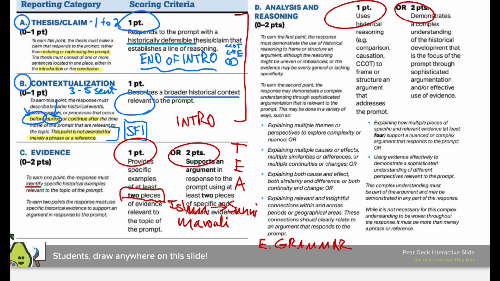So, do you use historical reasoning skills, comparison, causation, or continuity and change, to frame or structure your essay? Well, my topic sentence helps with that because I've already covered how I'm comparing and contrasting two empires, the Umayyad and the Abbasid.